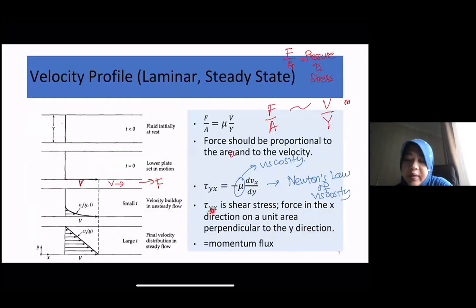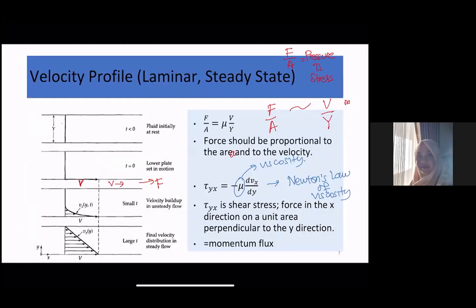So the first letter tells you the direction of the shear stress. Okay, arah dari tegangan geser, the direction of the shear stress. And this one is the difference of the velocity that is causing it, in x.